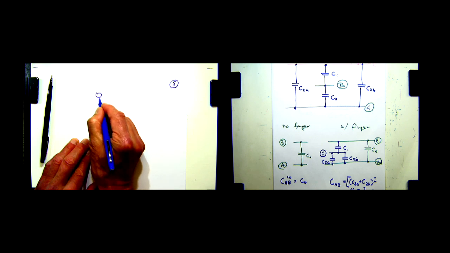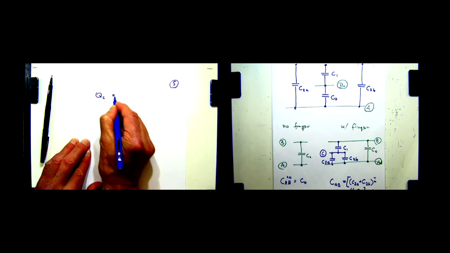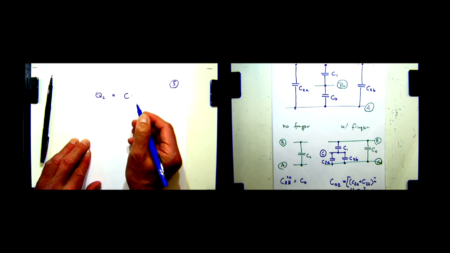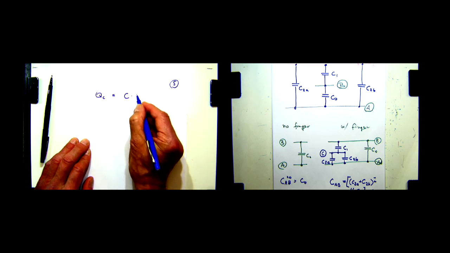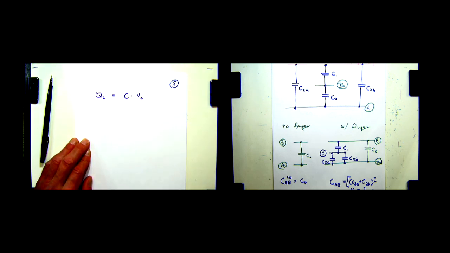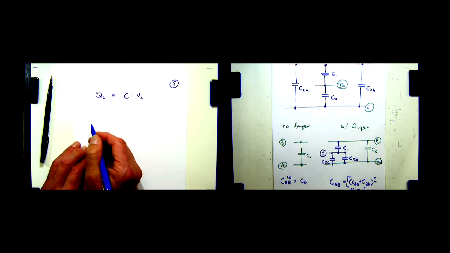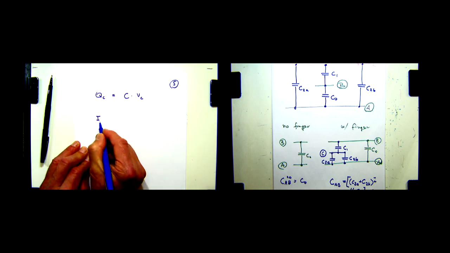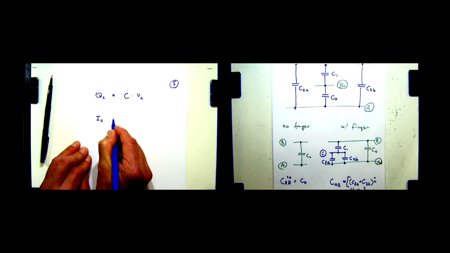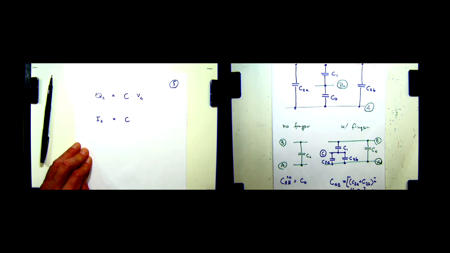The charge stored in a capacitor is equal to the capacitance, that's how capacitance is defined, times the voltage across the capacitor. And then we can do the differential. Incidentally, that's how I remember this equation. We differentiate with respect to time, so then dq/dt is going to be the current running in the capacitor. Let's assume that C doesn't change with time.